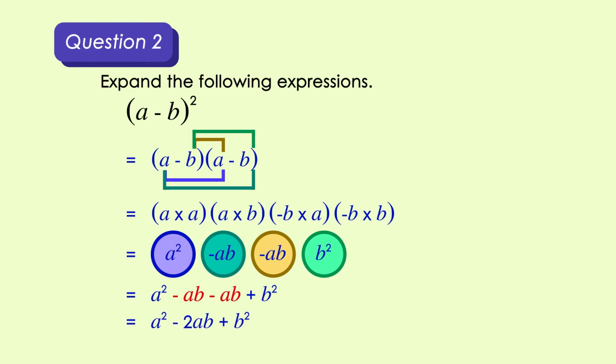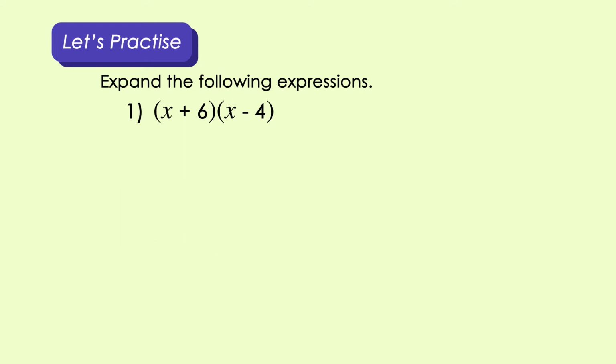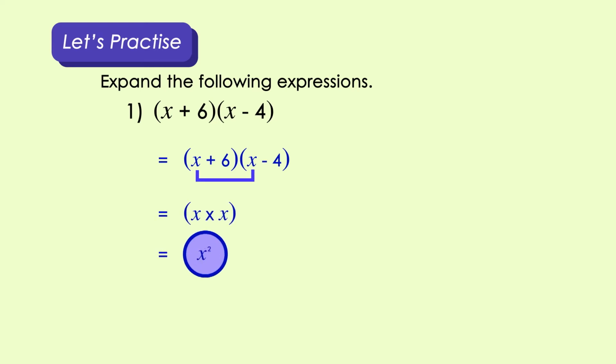Boys and girls, let's attempt these three questions. Our first question is in bracket x plus 6 in bracket x minus 4. Let us expand step by step. X times x is x squared.